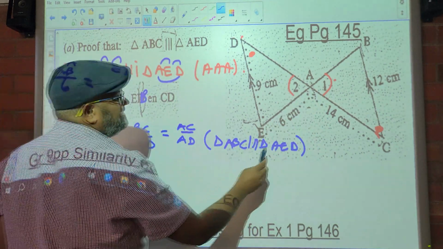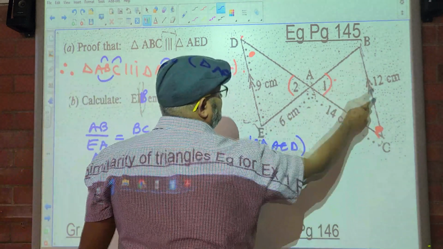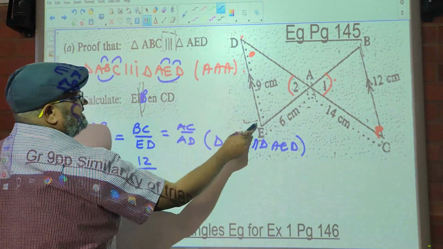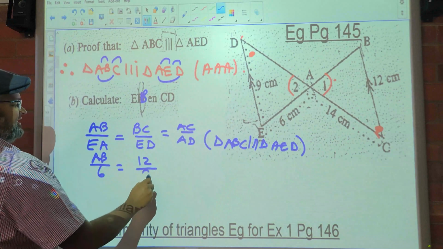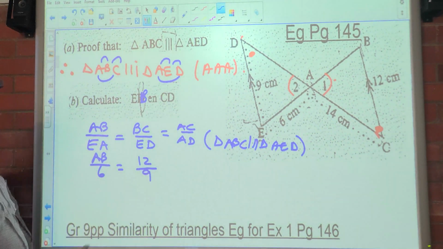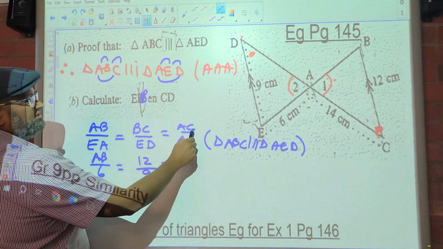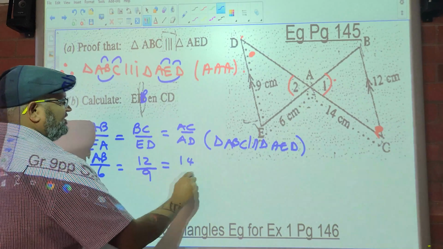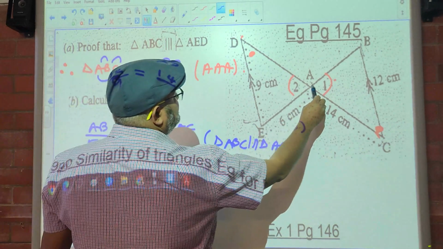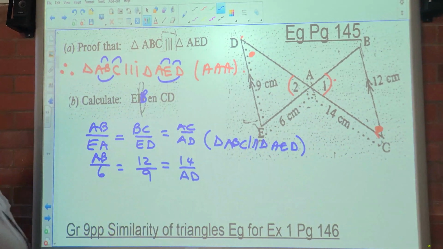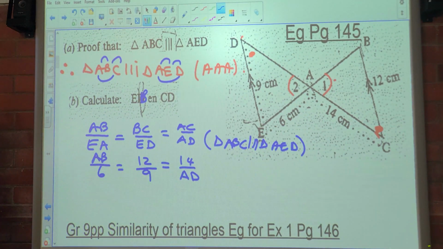It equals BC, which is 12, over ED, which is 9. Now we have the known ratio here. It is equal to AC, 14, over AD, which is unknown. So do it again, or you guys understand?